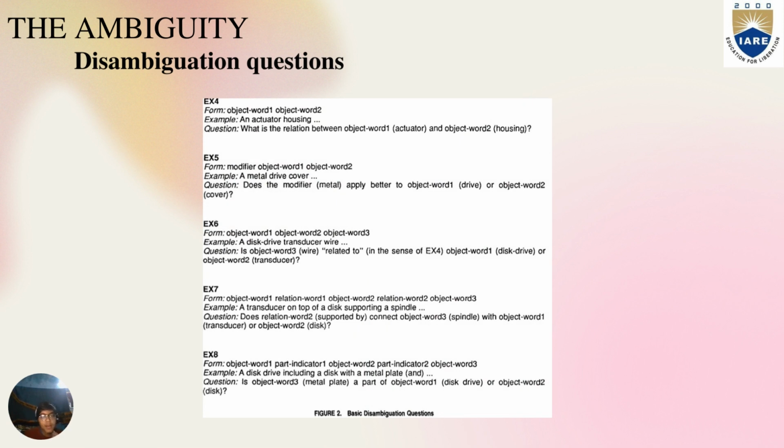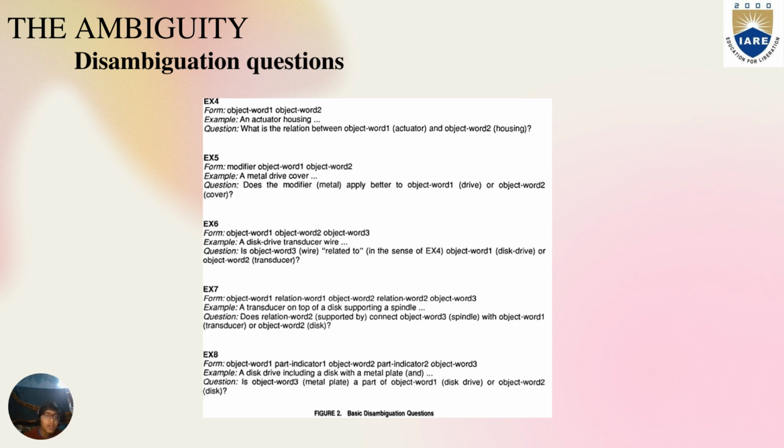So let's take some examples and see what questions the researcher has formed for them. For example 4, we have object words. The example is an actuator housing. Now, what is the relation between object word 1, actuator, and object word 2, housing? Next, the example is a metal drive cover.